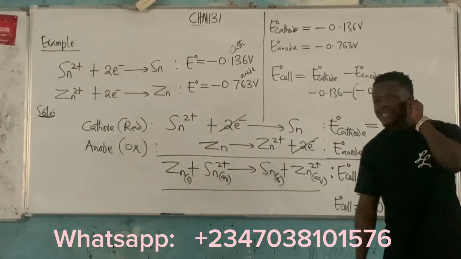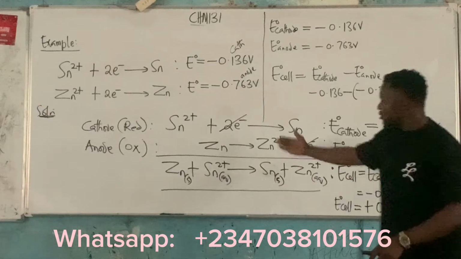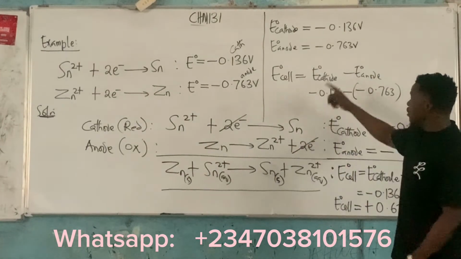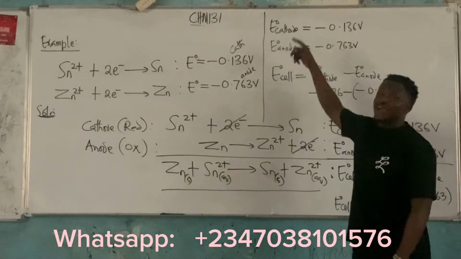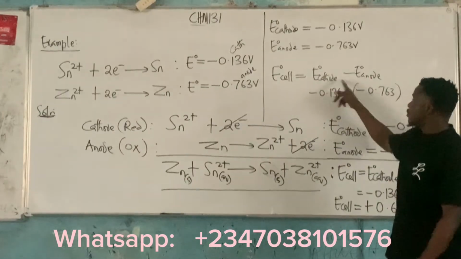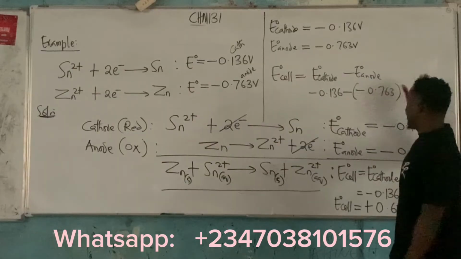If it is subjective and it's only one line that is given to you, you don't need all of this. What you just need to do is tell them which one is a cathode, if I label it, because they already know. E cell equals E cathode minus what? Put the values, and give them the answer.